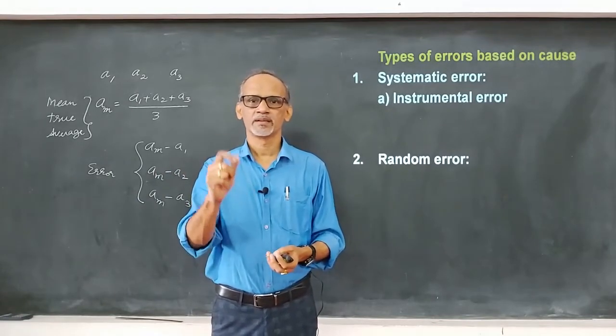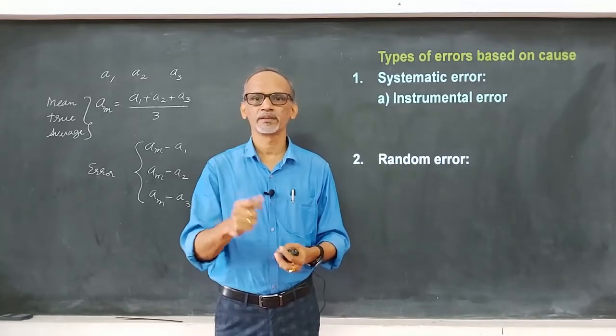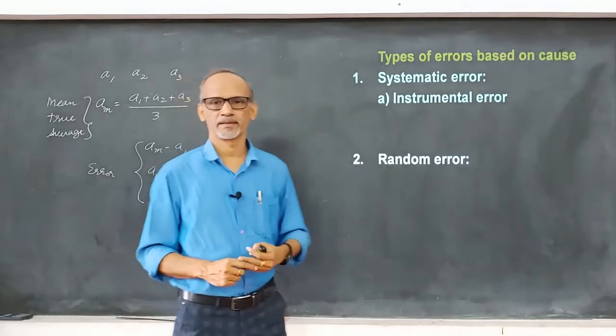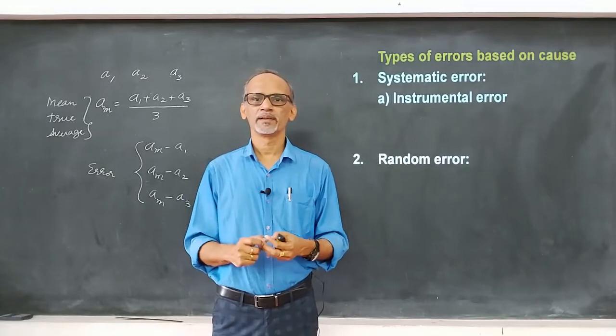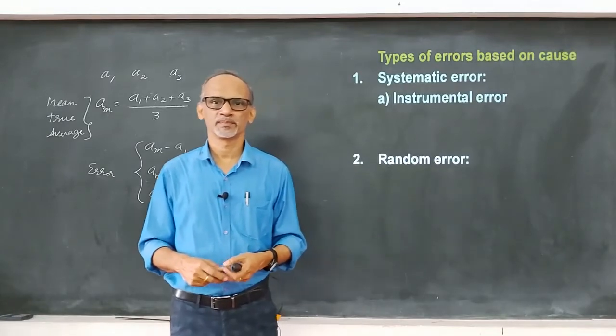That means the instrument is not calibrated, there is some fault in it. Such an error is called instrumental error. It arises because of a faulty instrument we are using for a measurement.